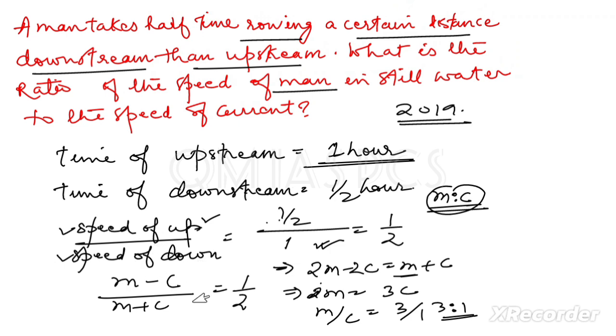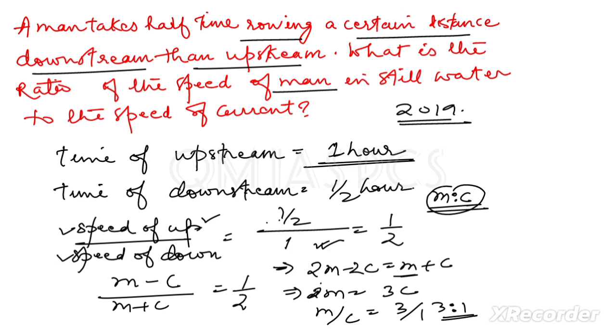Now you can just cross multiply and separate the variables, taking m to one side and c to another side. Is this easy? You can comment whether it's easy or not.